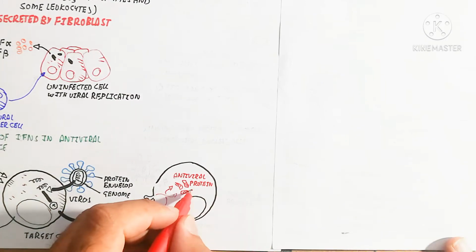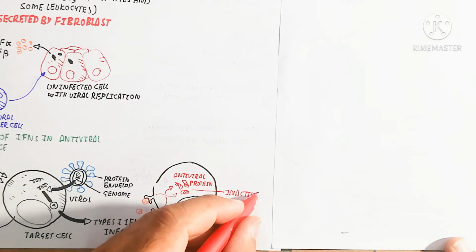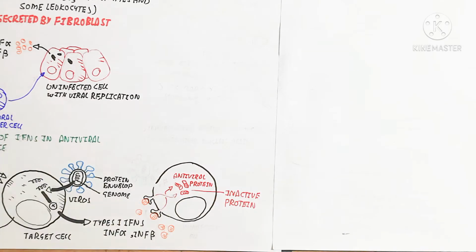On the other hand, here is the uninfected cell, which is signaled by type 1 interferon.